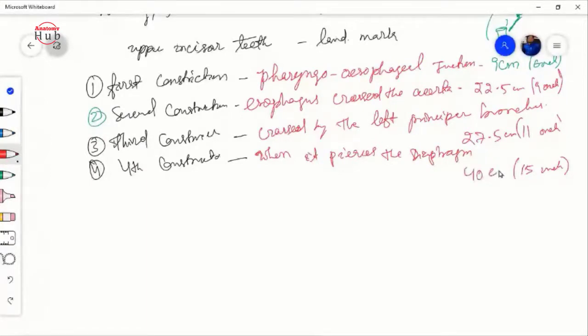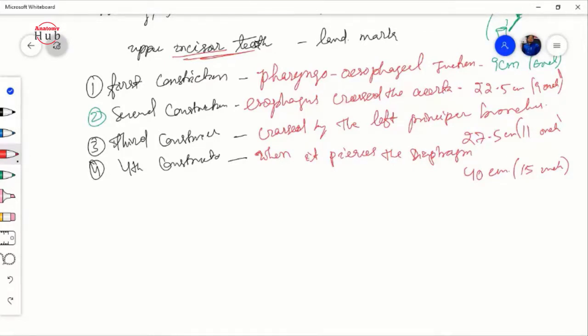Okay, so this length is measured from your incisor teeth. Okay, always remember. So from the incisor teeth, if you go 40 cm down, then you'll find the fourth constriction of your esophagus. If you go 11 inches down, then you'll find the principal bronchus over there, and there you'll find the third constriction.